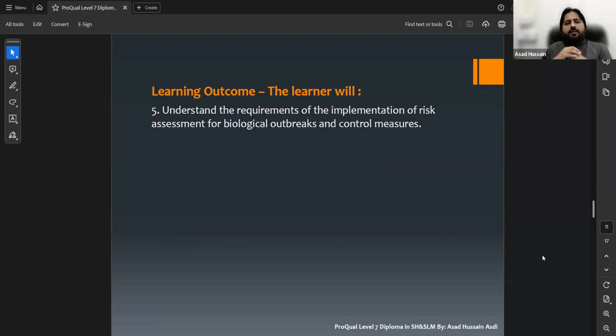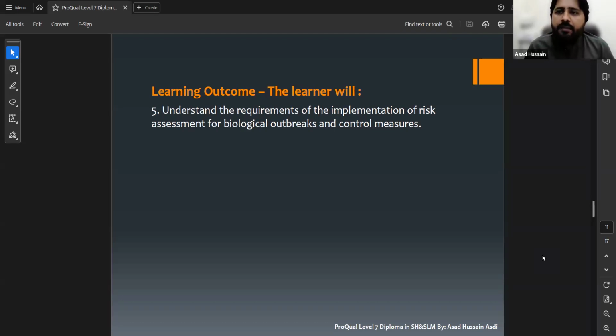Now we are having number 5, learning outcome. Understand the requirements of the implementation of risk assessment for biological outbreaks and control measures.